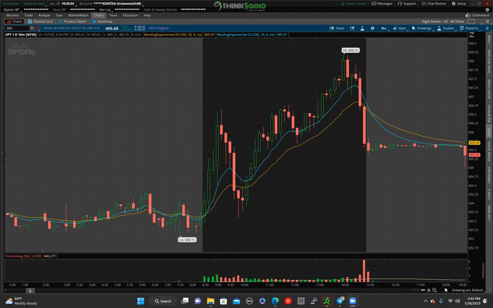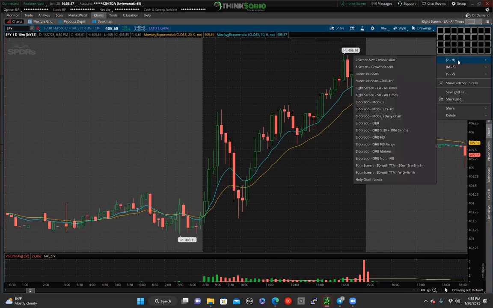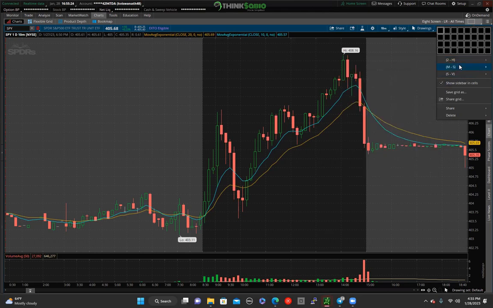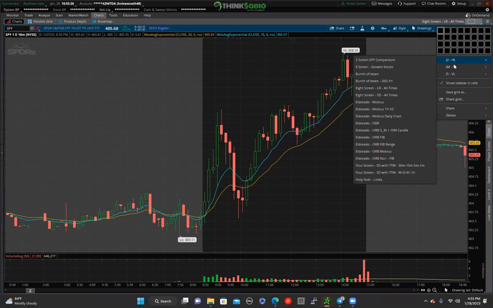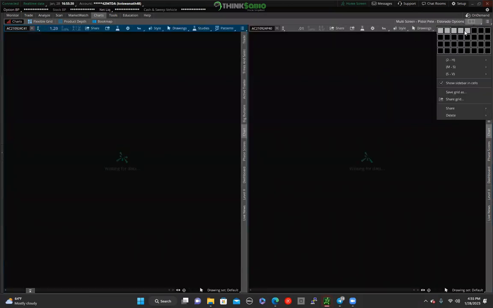Top right screen? Oh, okay. So you can have a grid of your own, and if I click this, I will get two screens. So this is a grid.